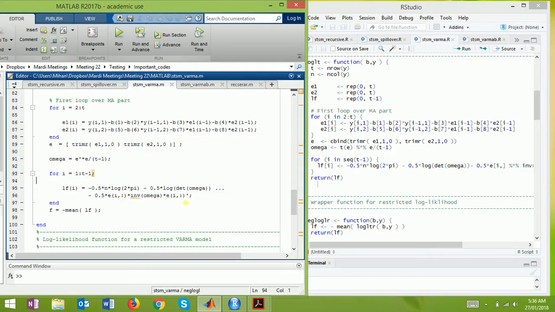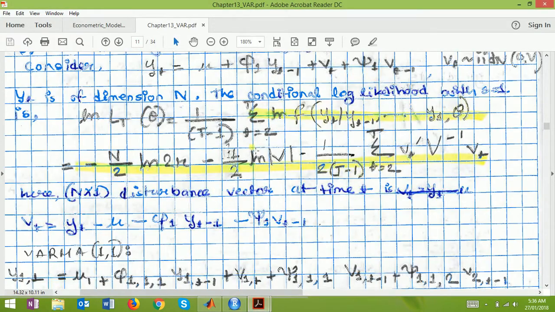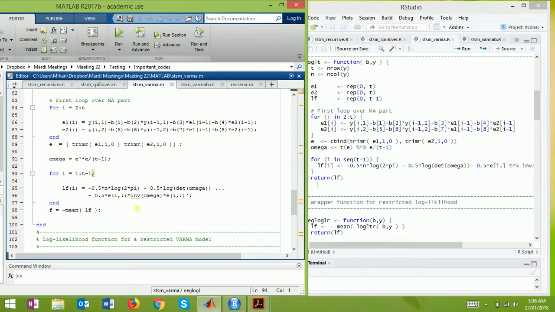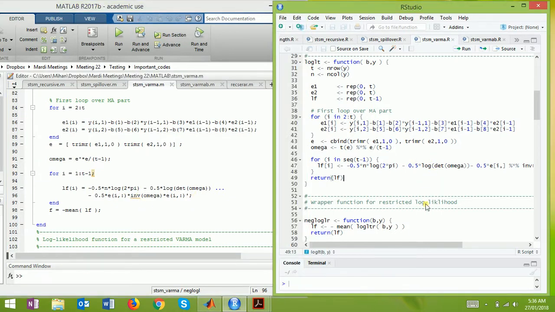So half log twice pi, half log determinant of omega, then the structural residual transpose multiplied by omega inverse, where omega is basically our sigma squared V. So for all i rows and all columns, the whole matrix multiplied by the inverse of omega. Because this is the whole matrix, we'll have the percent sign in R, i in sequence to T minus 1.